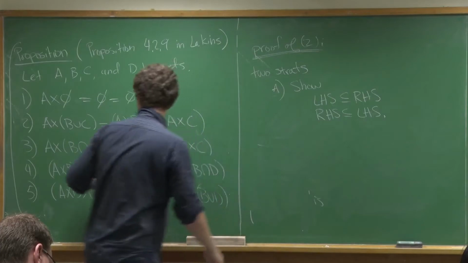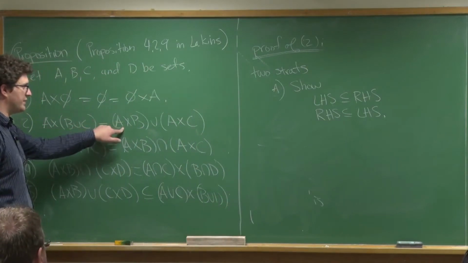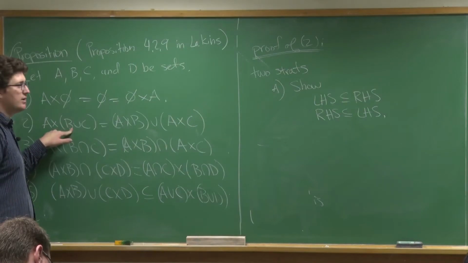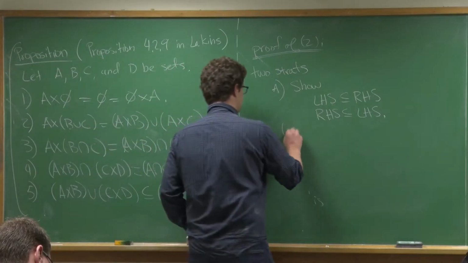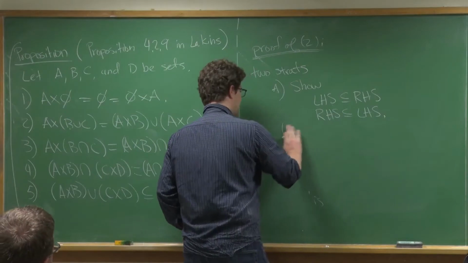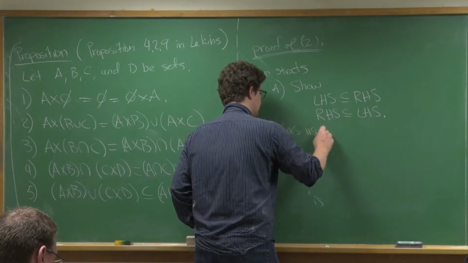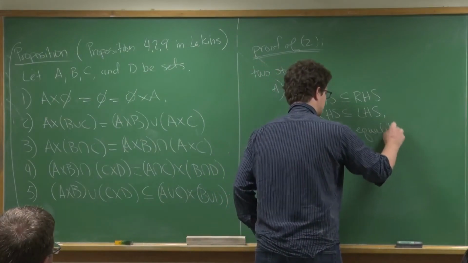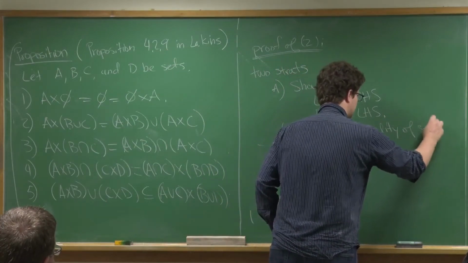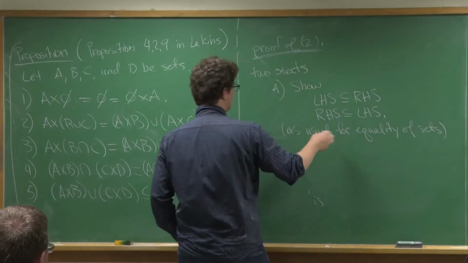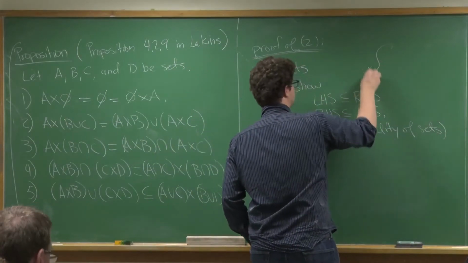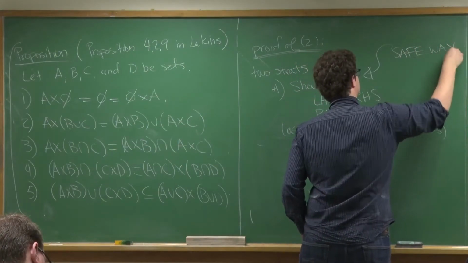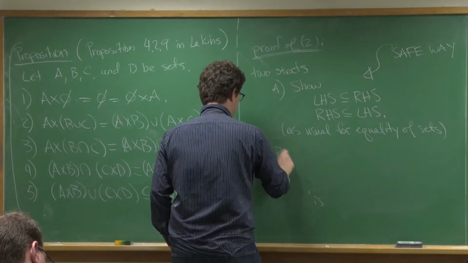So we show that this thing is a subset of this, and this is a subset of this. Does that make sense? This is as usual for equality of sets, and this is kind of the safe strategy, the safe way to show that they're the same.